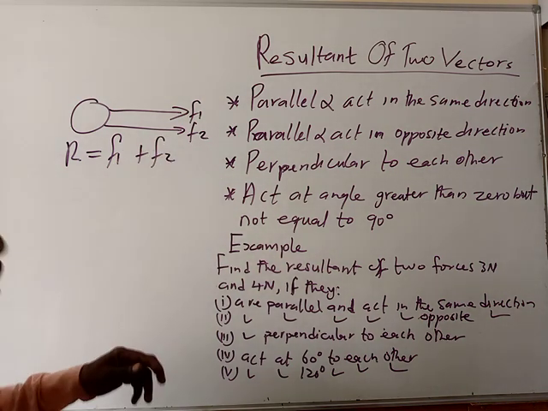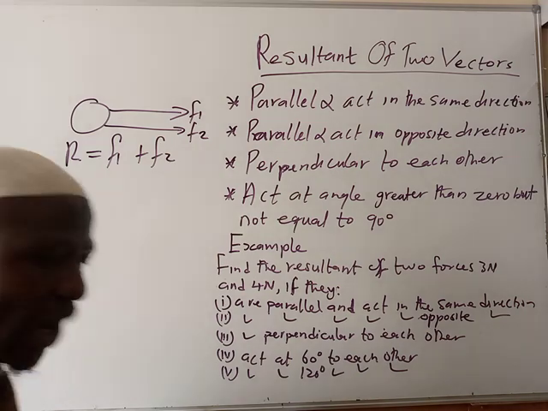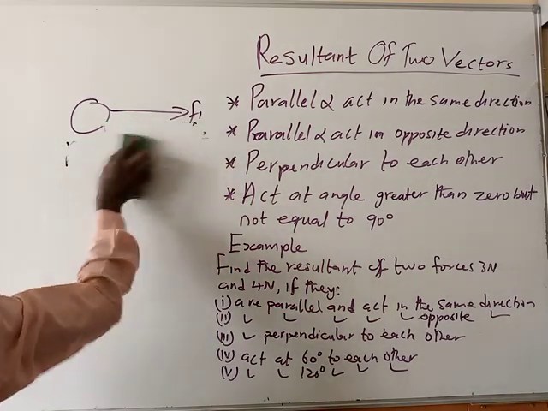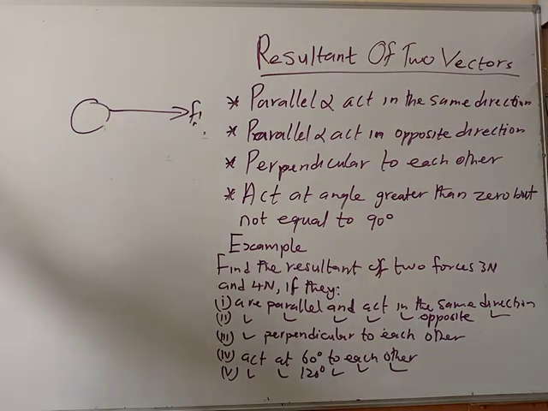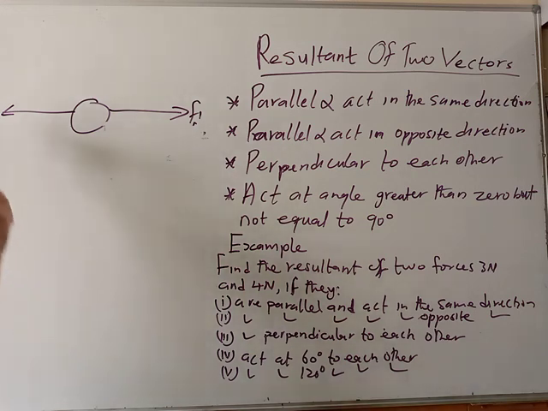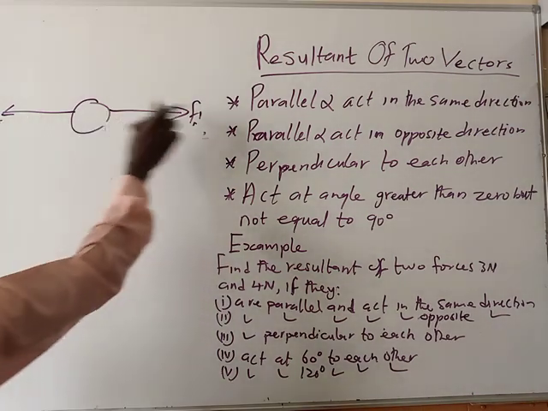But if the two forces act such that they are opposite to each other, so we have one like this, then the other one is acting in opposite direction, acting like this. For you to get the resultant, it means you are going to subtract the smaller one from the bigger one. Let's say this F2 is bigger than this.